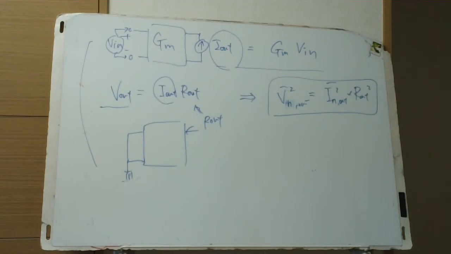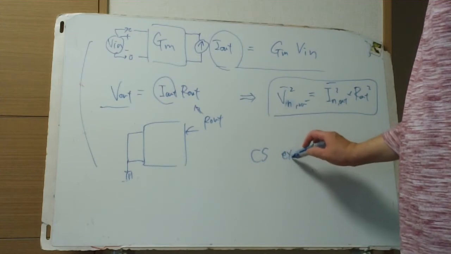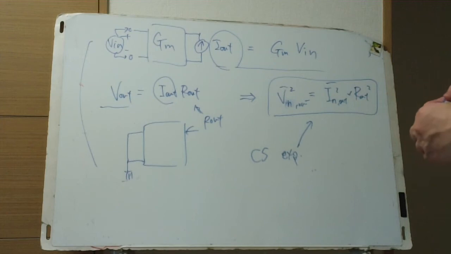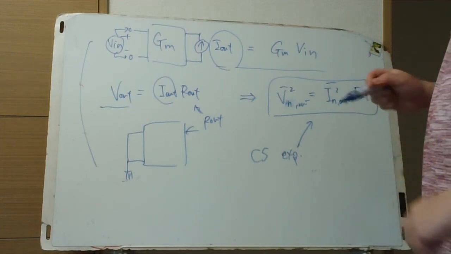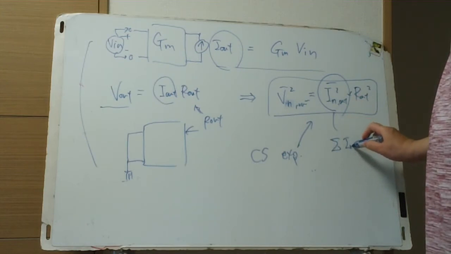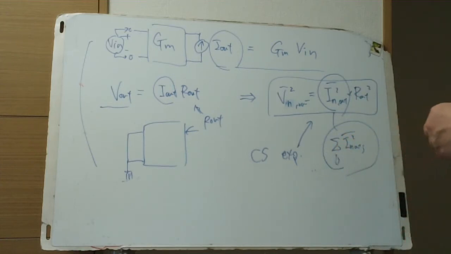In the CS amplifier example, we use this lemma. The uncorrelated noise components are already given from the first side, and on the first side we can get these components.